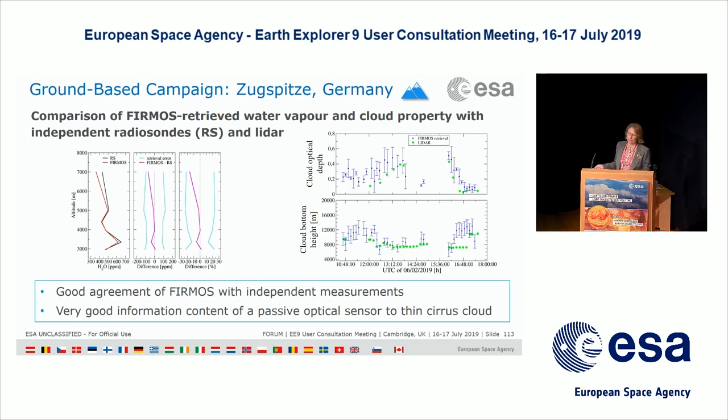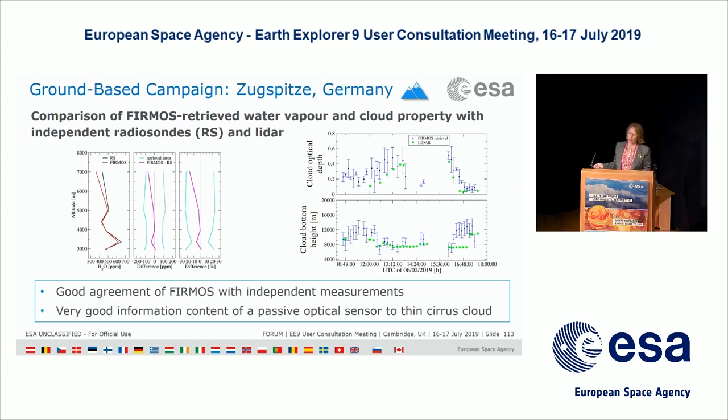I also have to point out that these sondes were launched from down in Garmisch-Partenkirchen, so not on top of the mountain. So there are some differences expected. However, when you look at the differences in absolute values and in percentage values, the agreement is really good. So it's from like 10% to 20% when you go a bit higher up in the atmosphere.